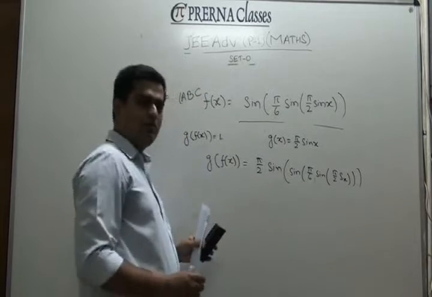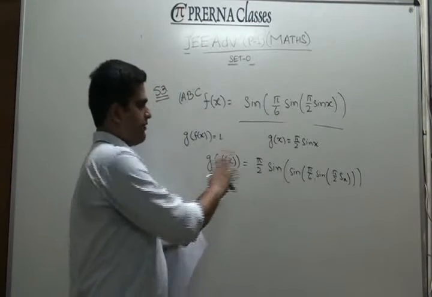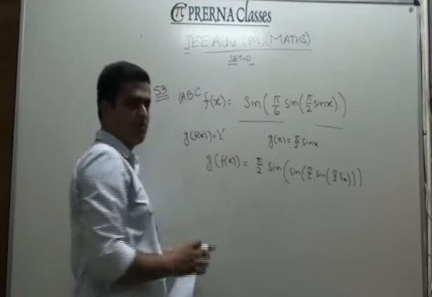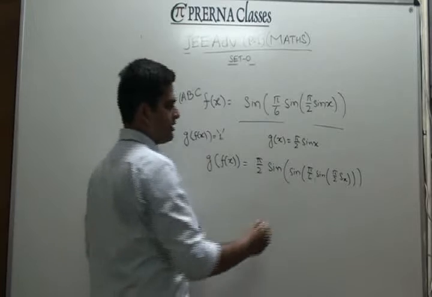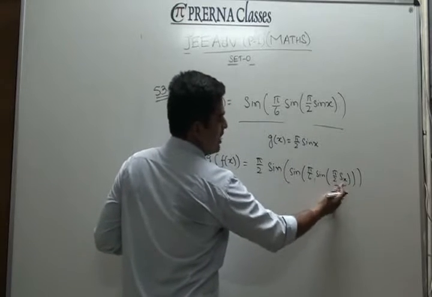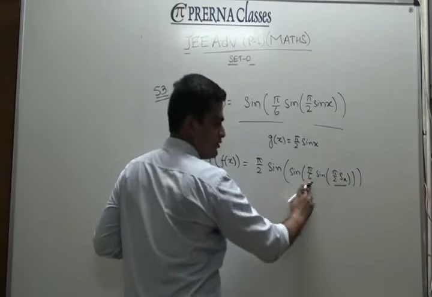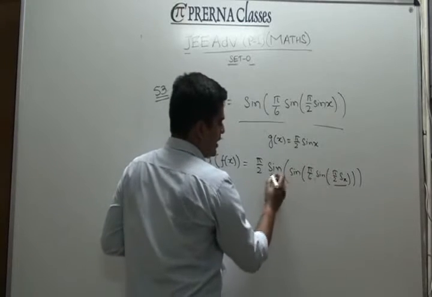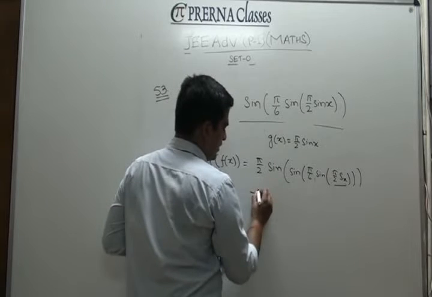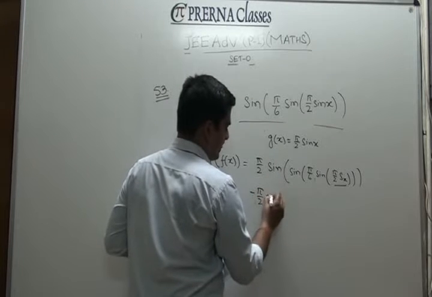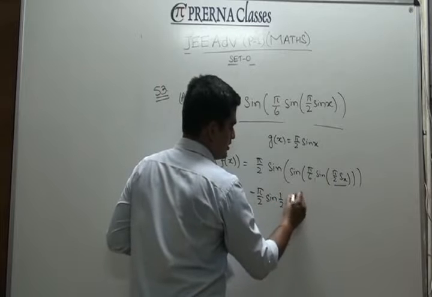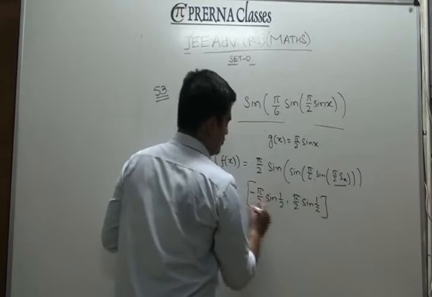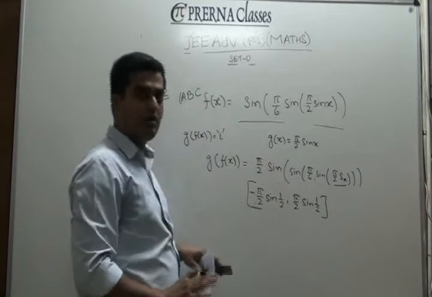And if I figure out the range of that expression, and if I find that 1 lies within it, obviously then this is going to be a correct statement, otherwise it's going to be incorrect. This is going to range from minus 90 to 90, this is going to make it minus 1 to 1, this is going to make it minus 30 to 30, this is going to make it minus half to half. Clearly then this whole thing is going to vary from minus of this number to this number. Now all you need to do is check whether 1 lies within that quantity or not.